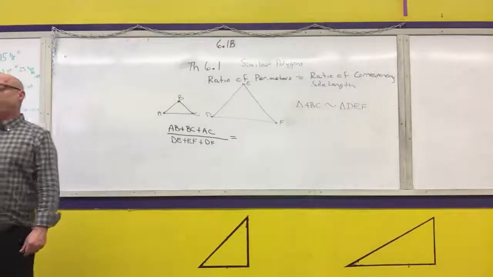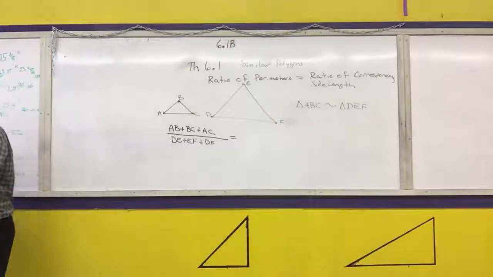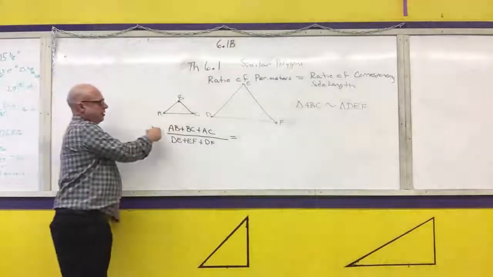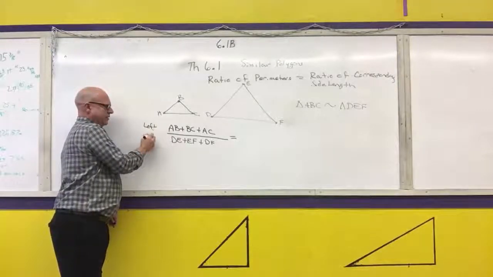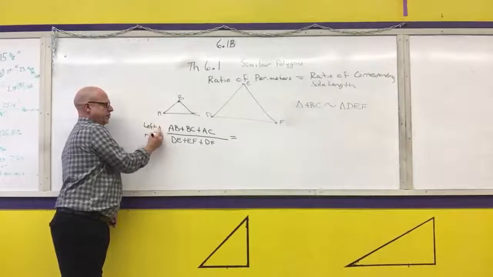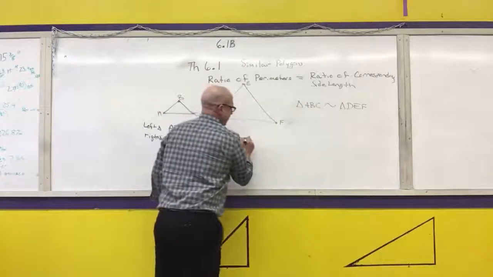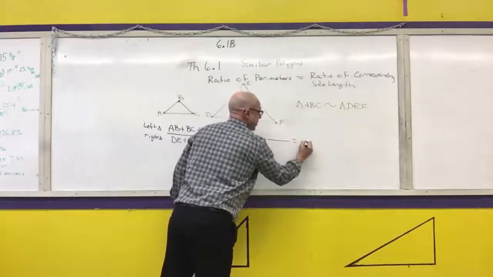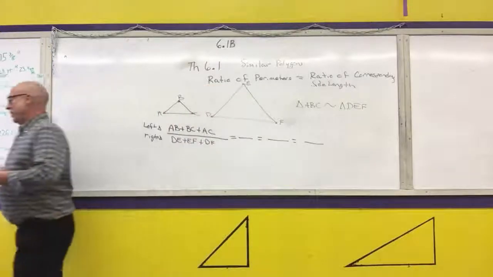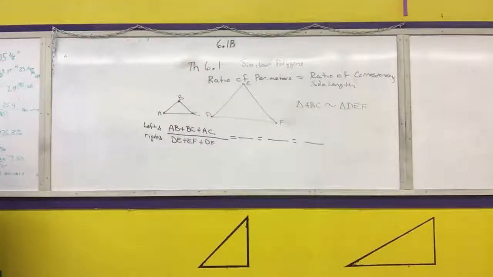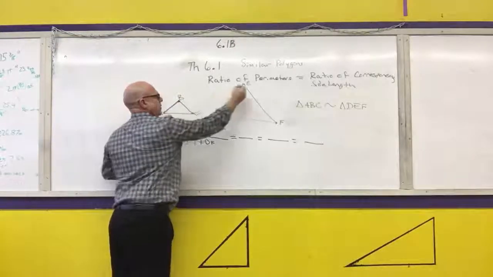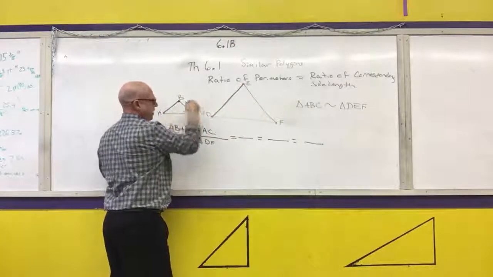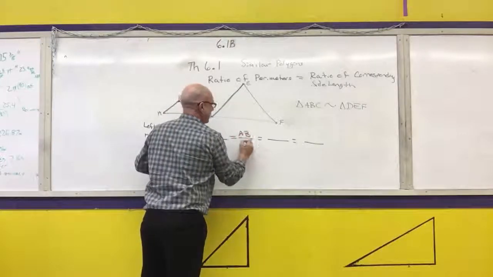How many ratios am I going to have in a triangle? Three of them. And they have to be the same way I set it up: left triangle over the right triangle. So I'm going to end up with three separate ratios here. The first ratio is the left-hand side to the left-hand side, so AB over DE.